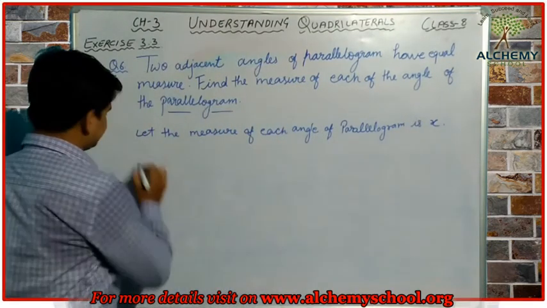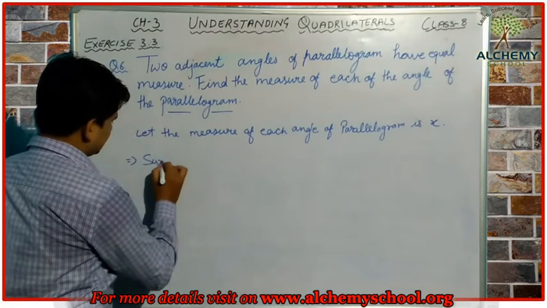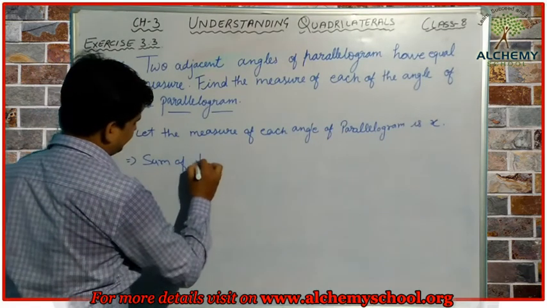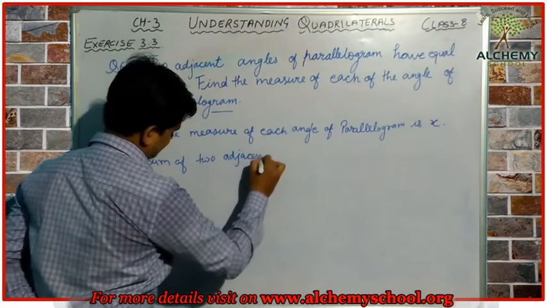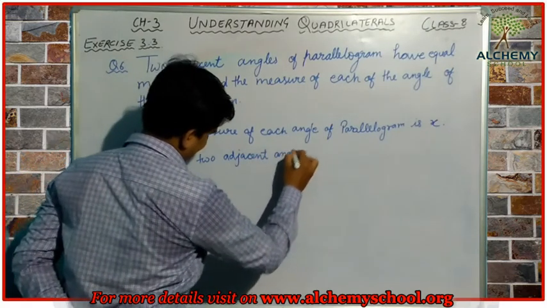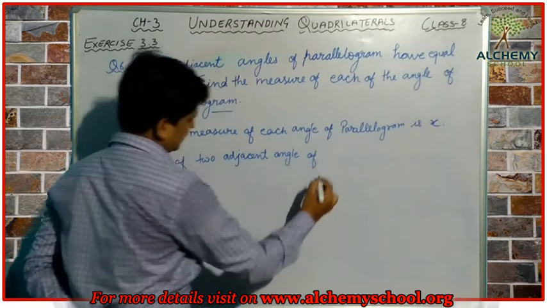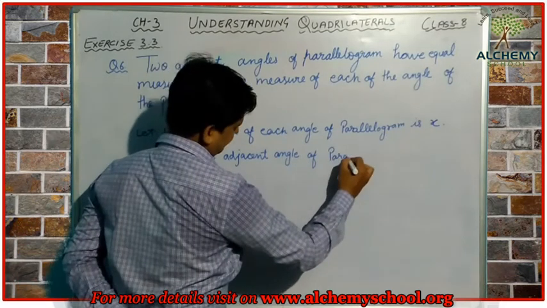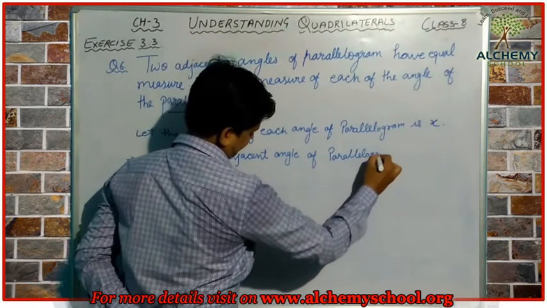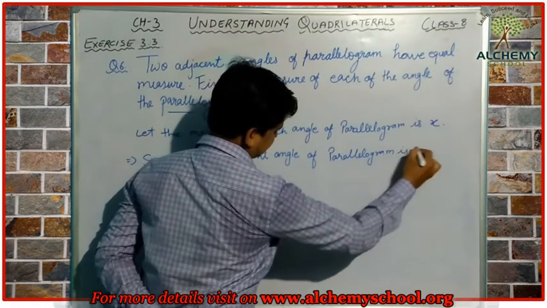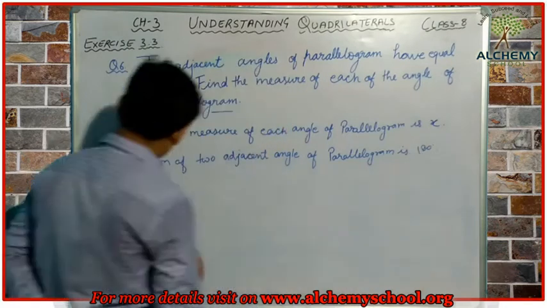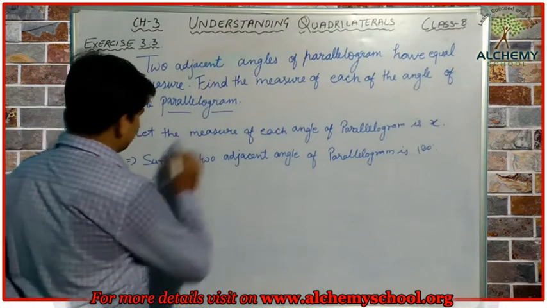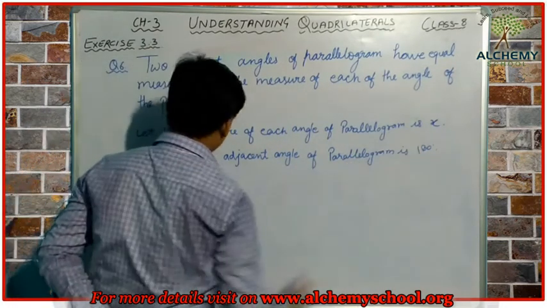So we know that the sum of two adjacent angles of a parallelogram is 180 degrees. It is given in the question that adjacent angles are of equal measure.